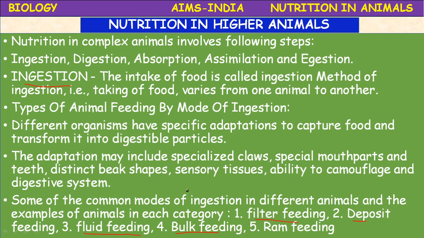Next, ram feeding. Ram feeding is the last method of feeding. It is also known as lunge feeding. The ram feeding mode involves the hunter moving forward underwater with its mouth wide open.